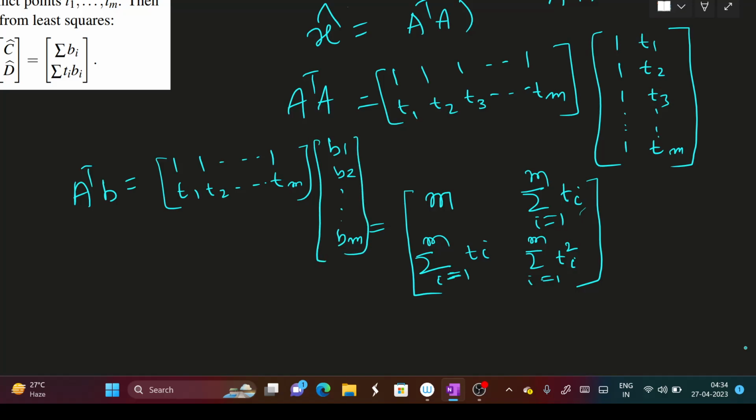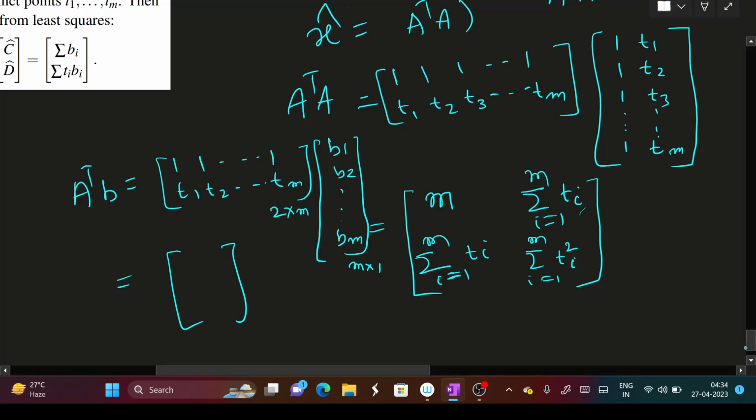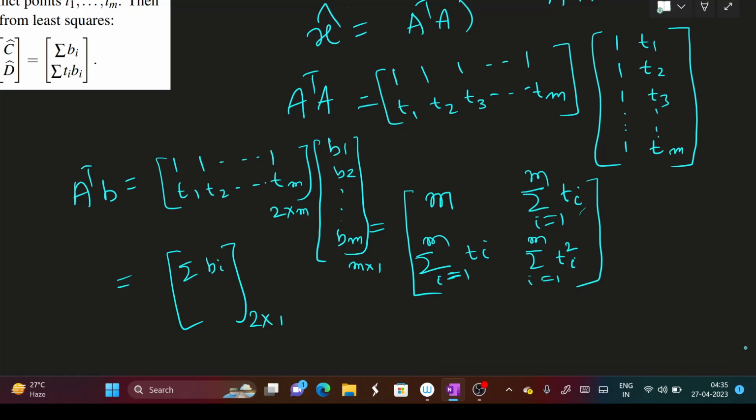It is 2 into m, m into 1, so the resultant will be 2 into 1: 2 rows, 1 column. What is the first row? B1 plus B2 plus B3 and so on, sum over Bi, i is equal to 1 to m. The second is sum over Ti Bi, i varies from 1 to m.